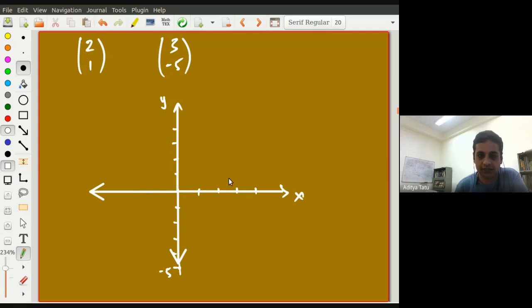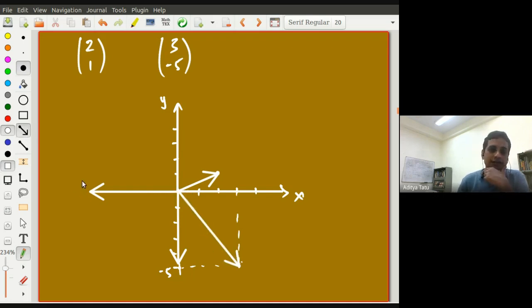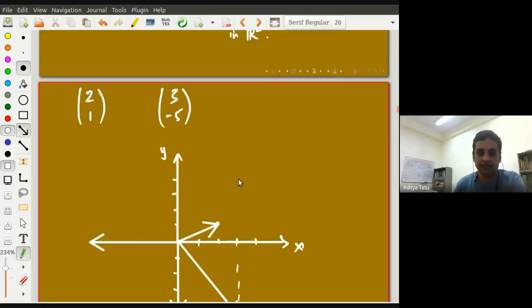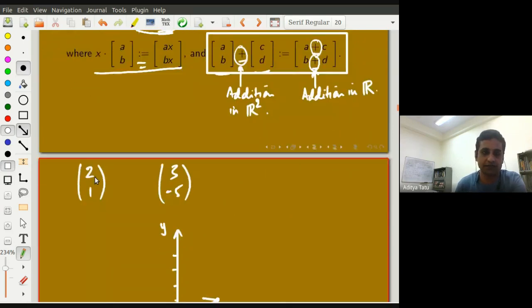Okay. What is the third vector given? The right hand side vector is (5, 10).